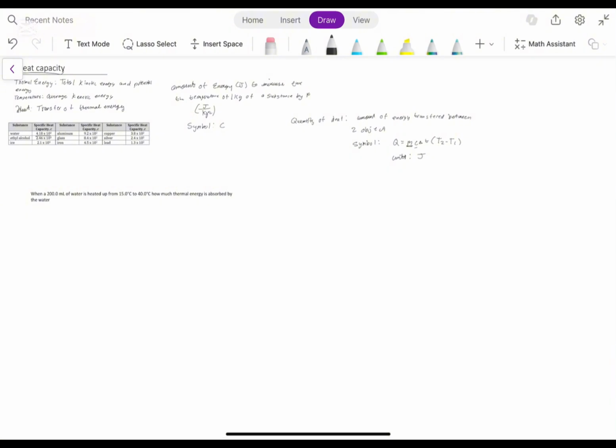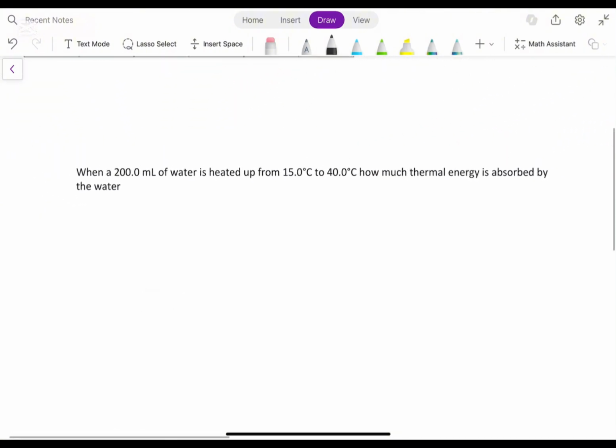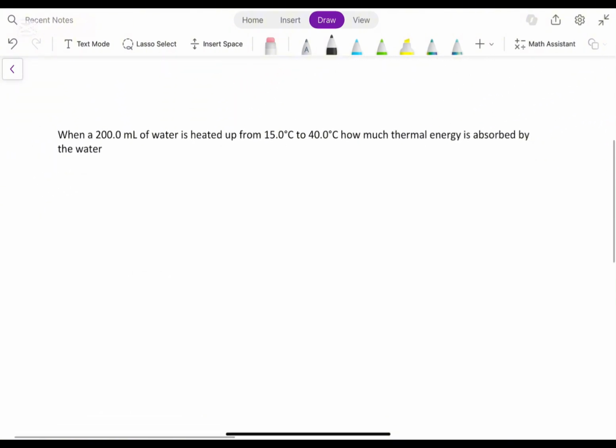So now that we understand this, we can look at a sample problem and apply what we've learned. So we can go into our given. When 200 milliliters of water is heated up from 15 degrees Celsius to 40 degrees Celsius, how much energy is absorbed by the water?